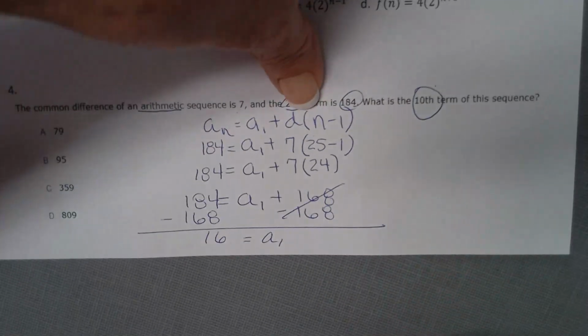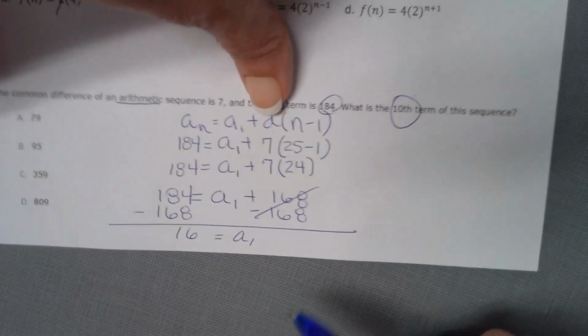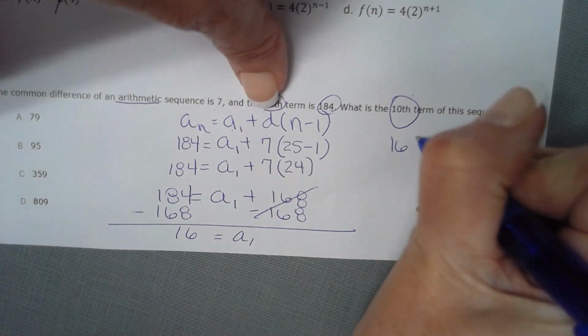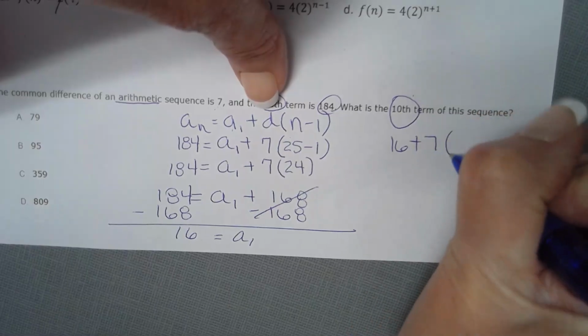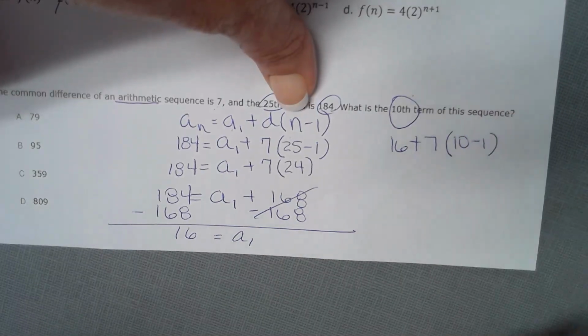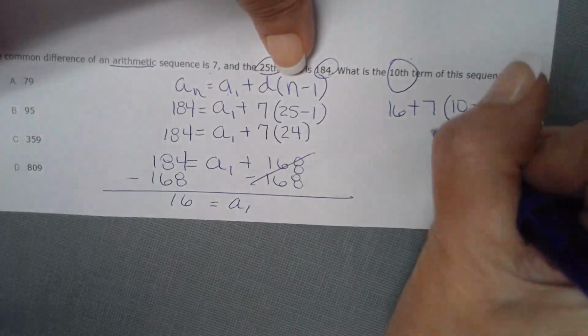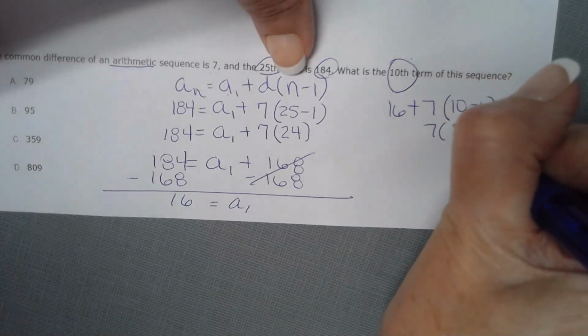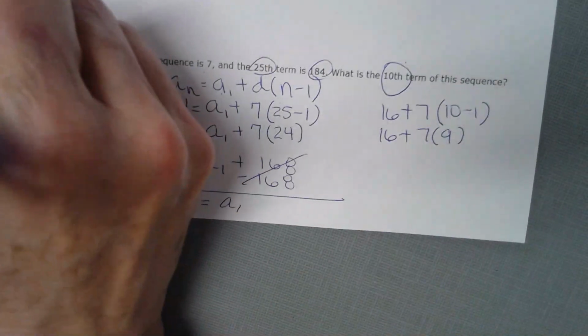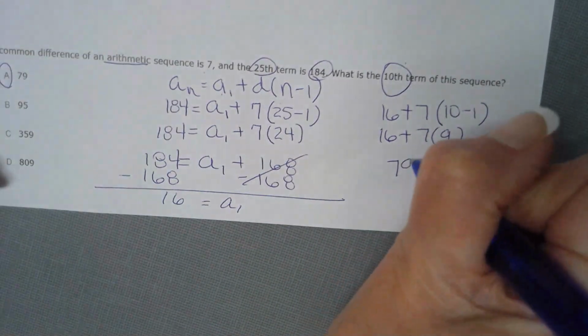For me, I'm just going to plug in here to get me the quickest way. The value of the first term is 16. Common difference is 7. And I want the 10th term, so I'm going to put a 10 right there. That's it. So now that's 7 times 9, and then add 16, and I believe the answer is 79.